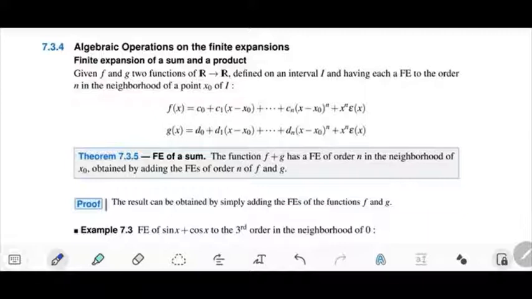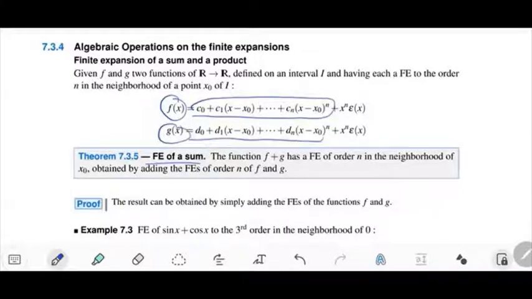So we start first with the finite expansion of a sum. So if you have a function f of x that has a finite expansion to the order n, and g of x having a finite expansion to the order n, then what about the finite expansion of the sum f plus g? So the function f plus g will have a finite expansion to the order n if f and g have finite expansions to the order n, and the finite expansion of f plus g will be obtained by adding the finite expansions of f and g separately, each one of them to the order n.